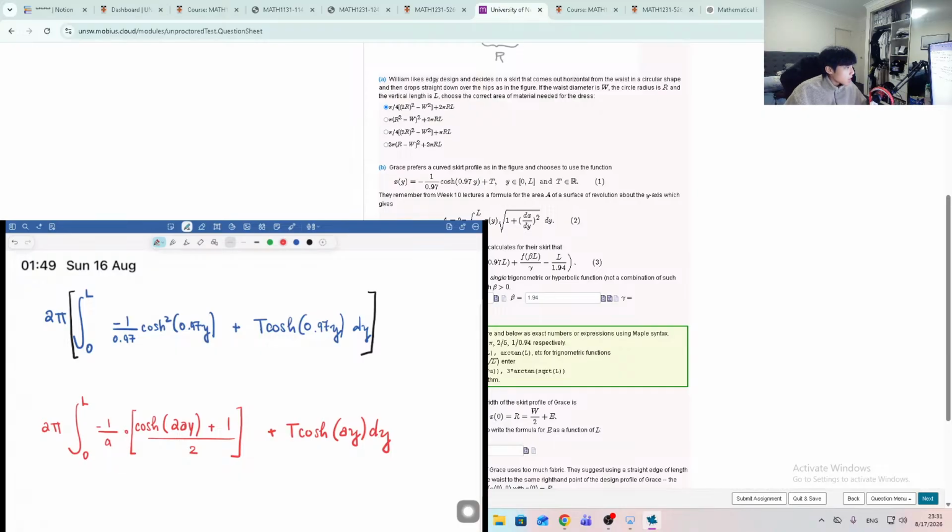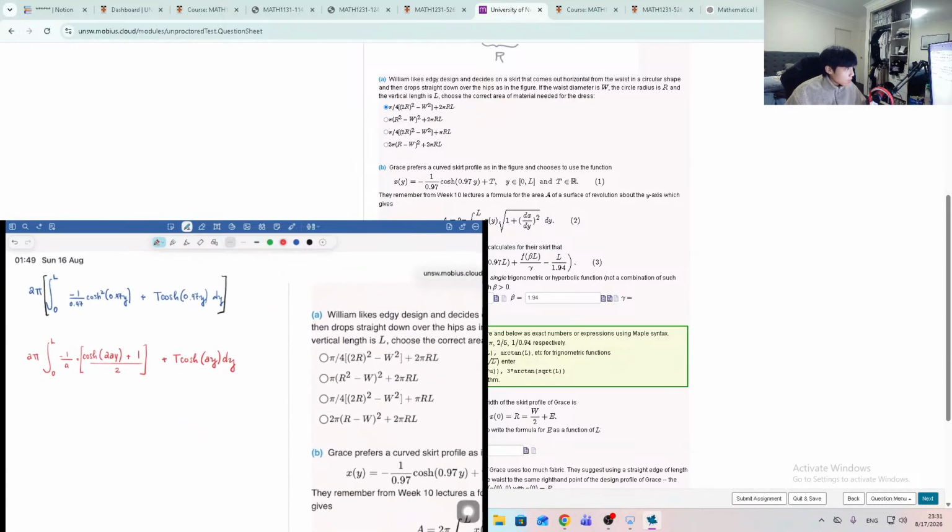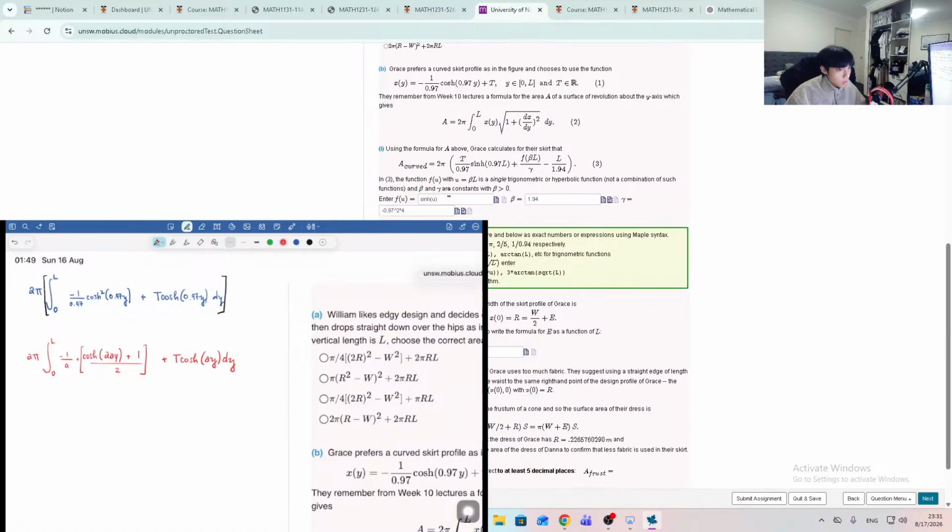We get 2 pi shine TL. And we could factor out 2 pi. Just pi shine cosh, which doesn't look good in our case.